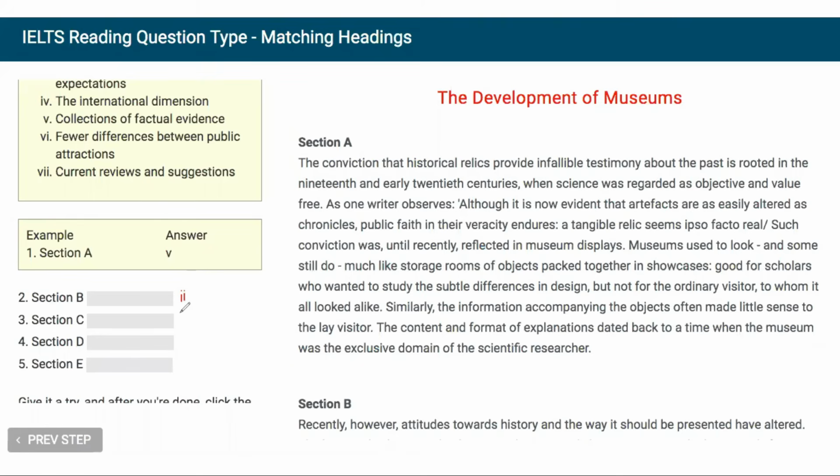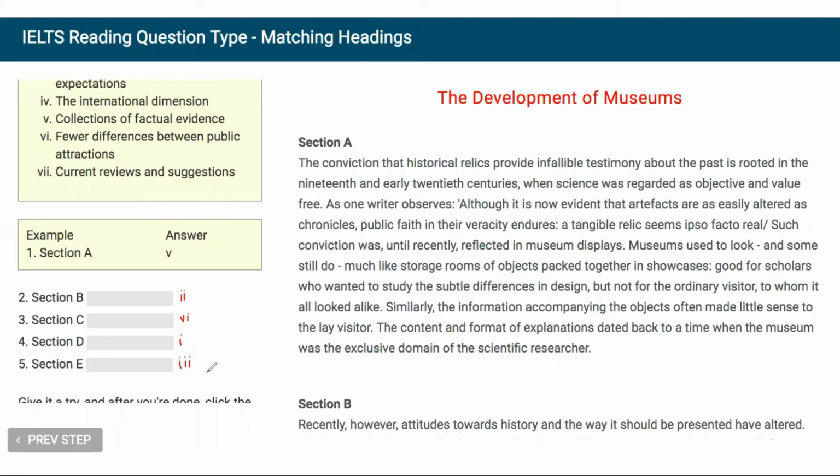For number 3, which was section C, we said VI, so that's number 4, fewer differences between public attractions, okay? And then for section D, we said the answer was I, so number 1, which was commercial pressures on people in charge. And then section E, we had I, or number 3, if you'd like to think of it that way, interpreting the facts to meet visitor expectations.